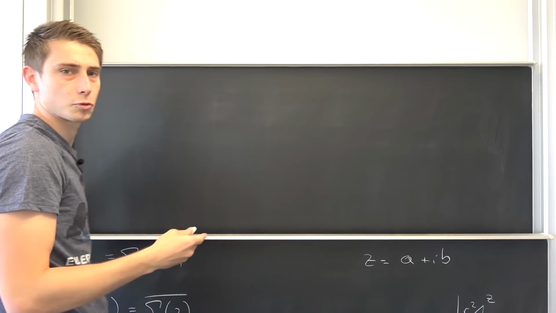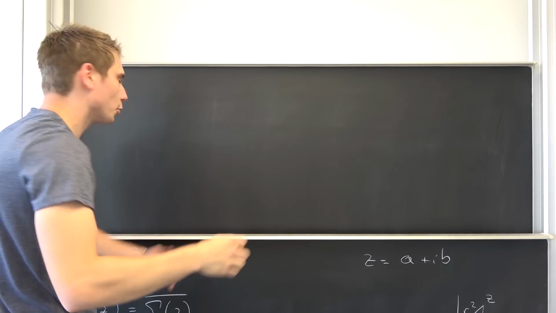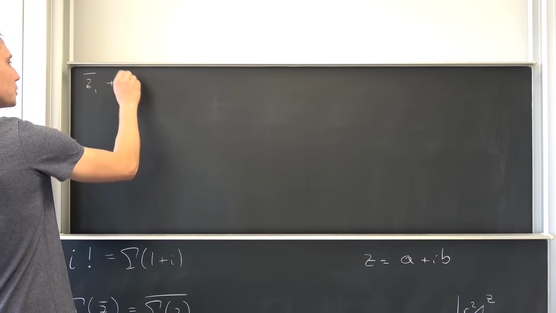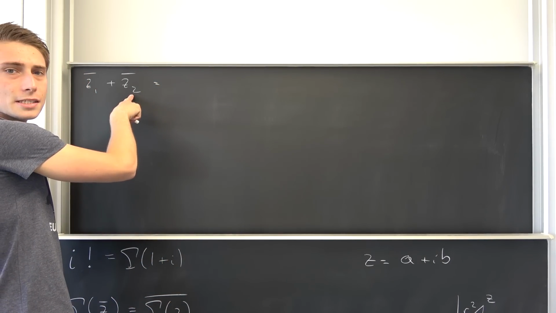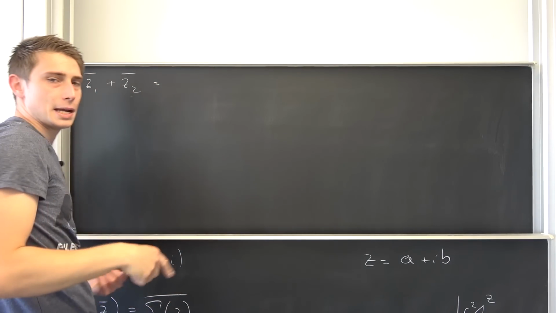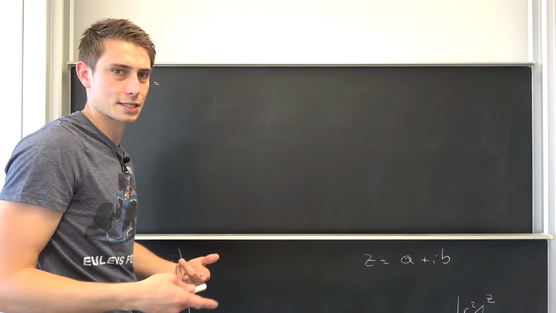At first, let us start with the preservation of conjugate under addition right here. If we consider this complex number, this one is a plus ib, and this thing right here is nothing but c plus id.